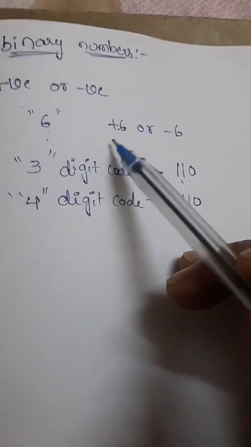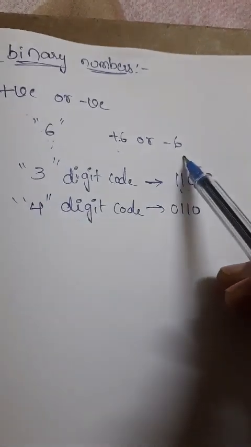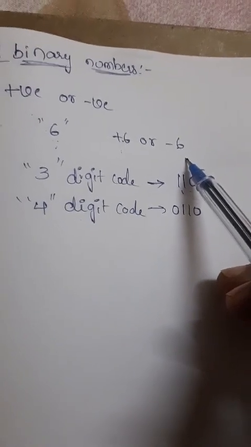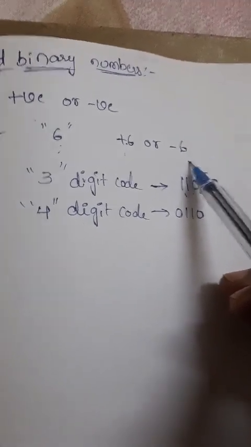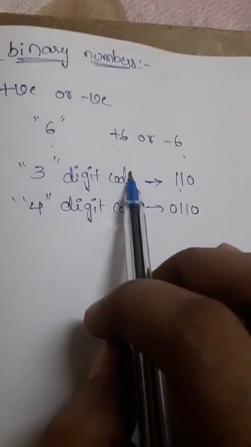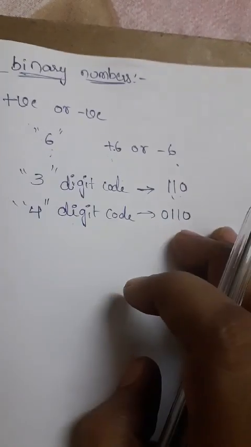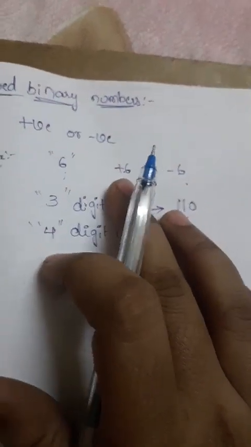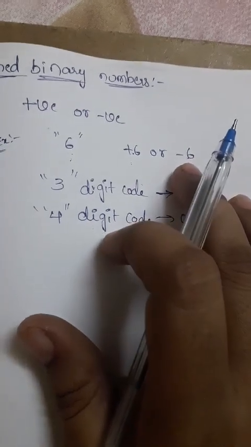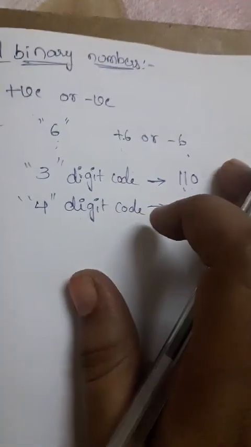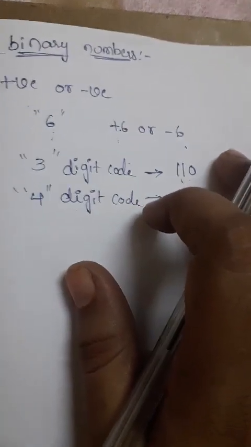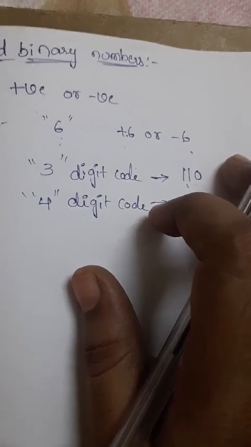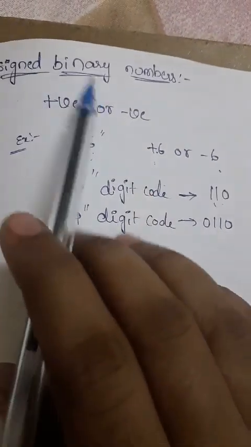How to represent a positive number and a negative number in binary is what we need to know. That is the topic of representation of signed binary numbers.